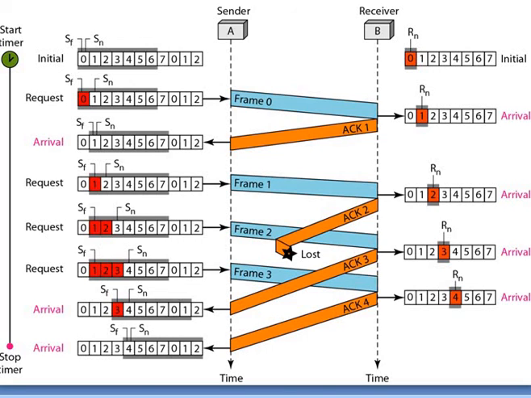Request events are triggered by data from the network layer. Arrival events are triggered by acknowledgements from the physical layer. There is no timeout event here because all our outstanding frames are acknowledged before the timer expires. Note that although acknowledgement 2 is lost, acknowledgement 3 serves as both acknowledgement 2 and acknowledgement 3.